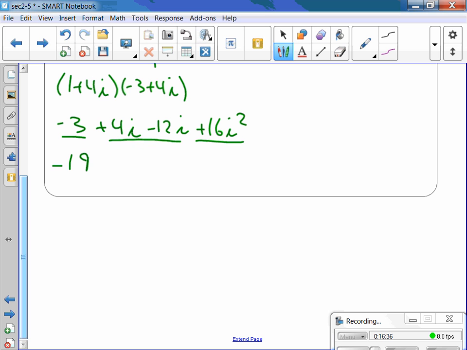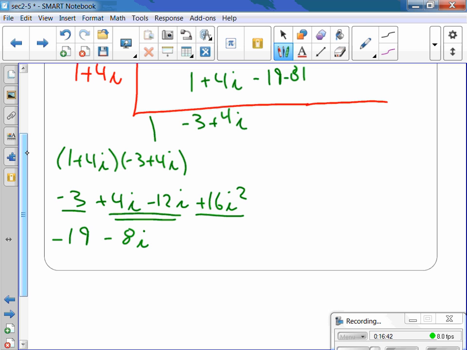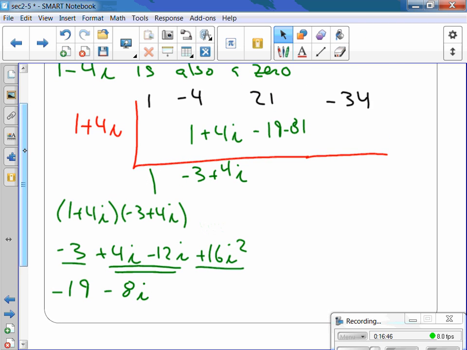So it just becomes foiling and simplifying, right? So here we have that negative 19 minus 8i. Not 81, but giving us, what are we going to do again?